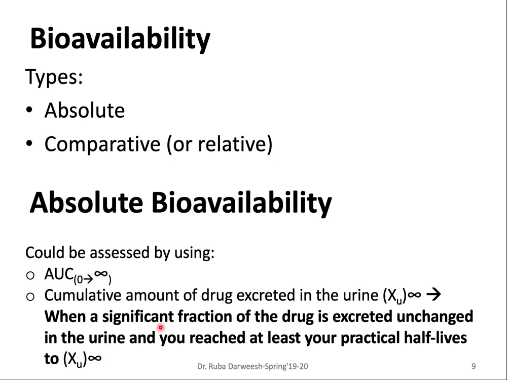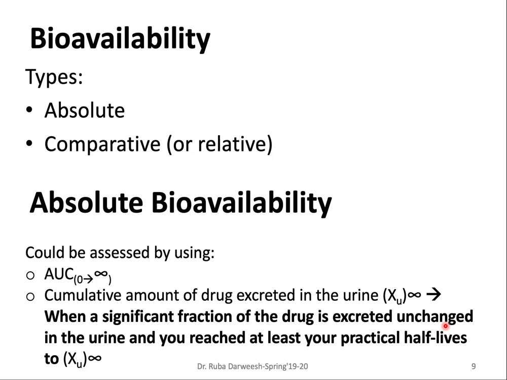If we don't have a significant fraction of the drug excreted, we said that this happens at infinity, which practically we can't reach. So at the beginning, firstly, you need the drug excreted unchanged in the urine, right?